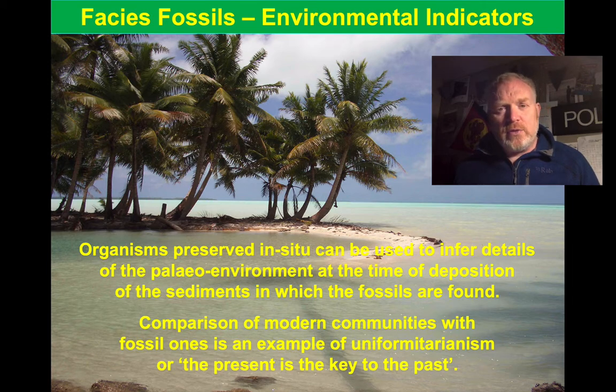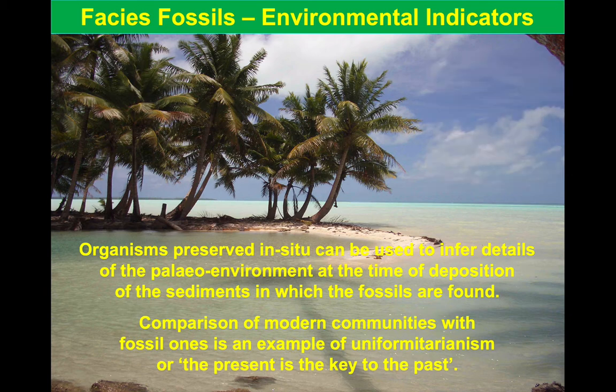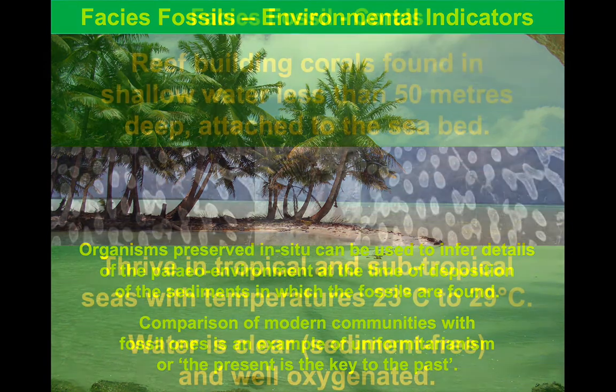And if we can work it out at present, we can work out what the environment of deposition was for rocks where we find similar fossils from the past. It's an application of an idea we call uniformitarianism, an idea crucial to geology and one we'll get into in a little bit more depth a little later in the course. Let me show you a couple of examples.